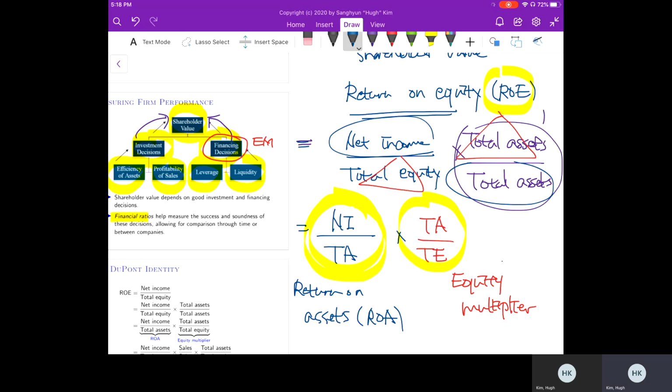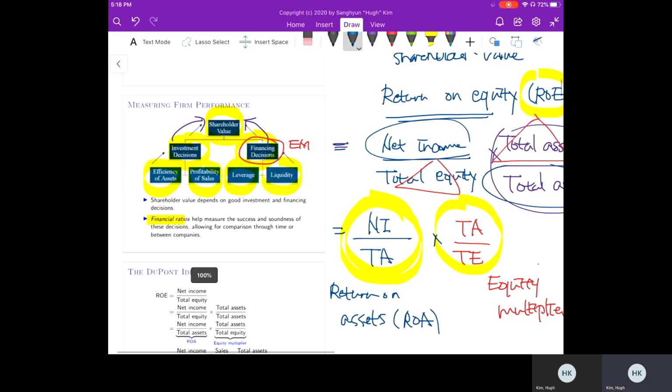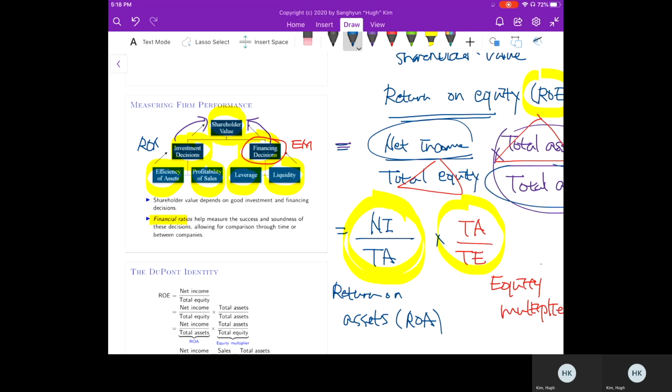whereas ROA largely measures the effects of a firm's investment decisions. We have ROE on top.